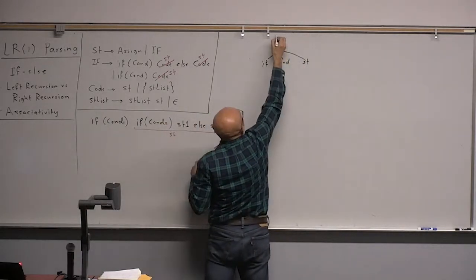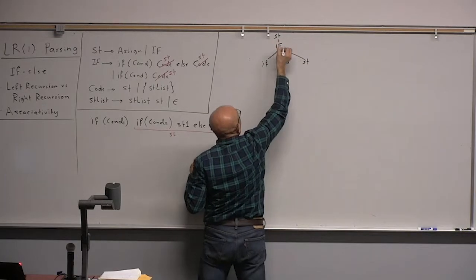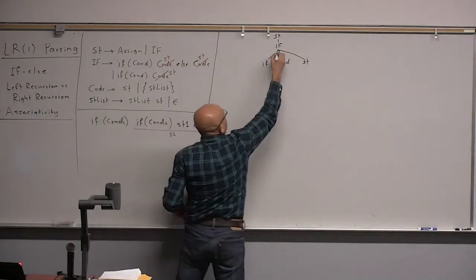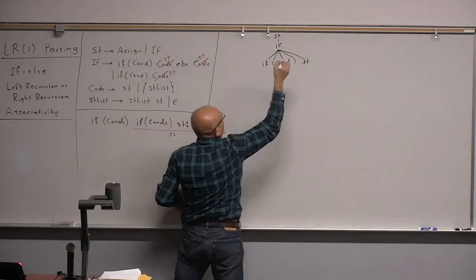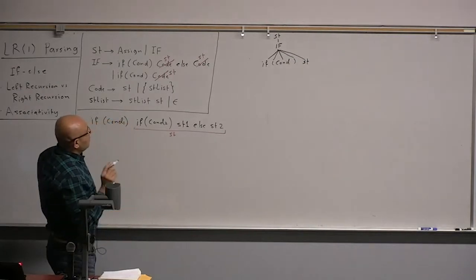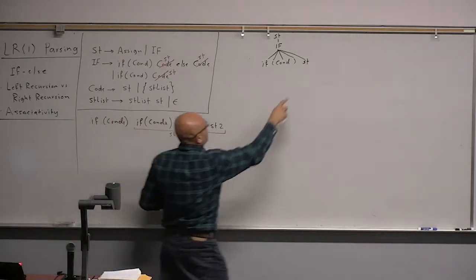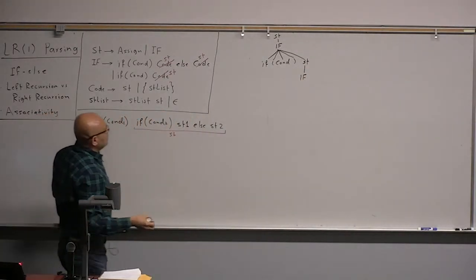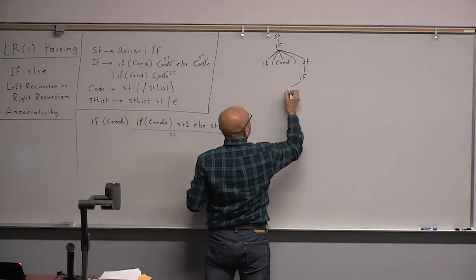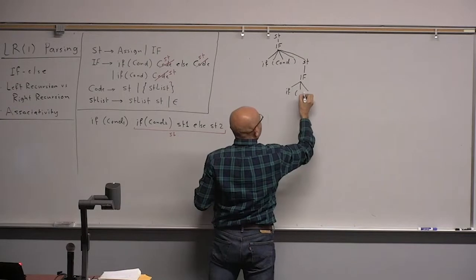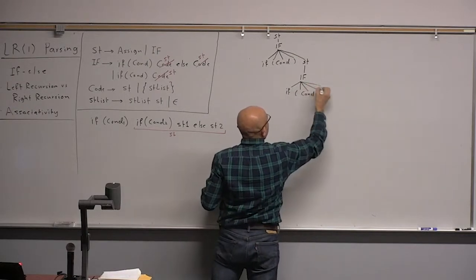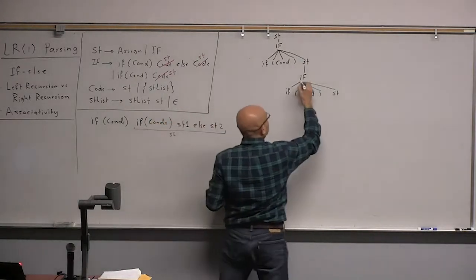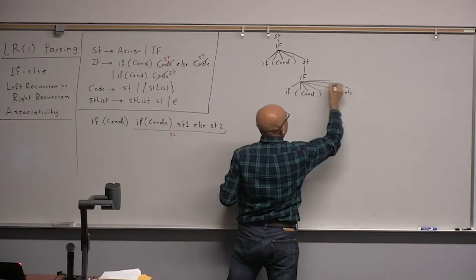So statement is an if, and if is: if condition statement. I don't want it to get messy. If condition statement, then this statement is another if, and this if is: if condition, then statement, and else statement.